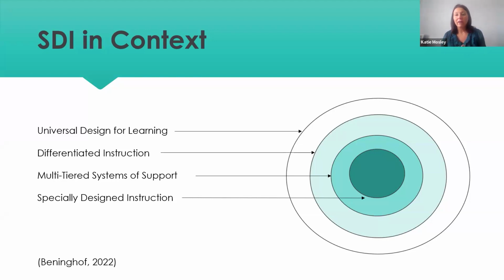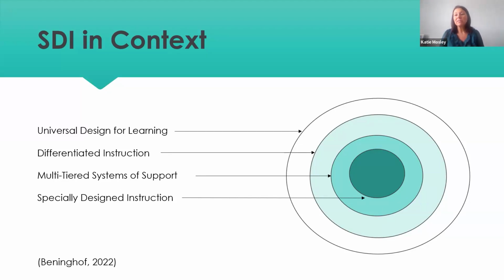In the middle of this target is specially designed instruction. And so this is for a small group of students who learn uniquely. And so one thing I want you to notice about this bullseye is that if you start on the inside and work your way out, it's all encompassing.